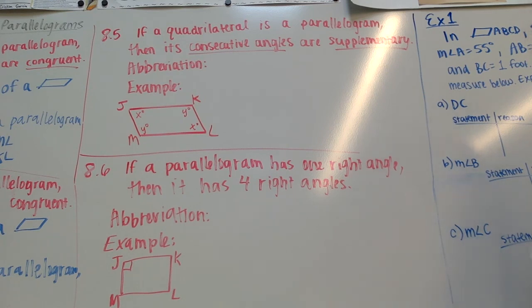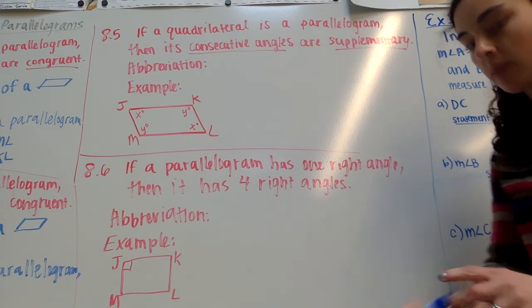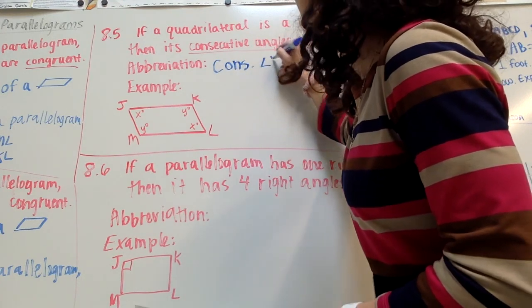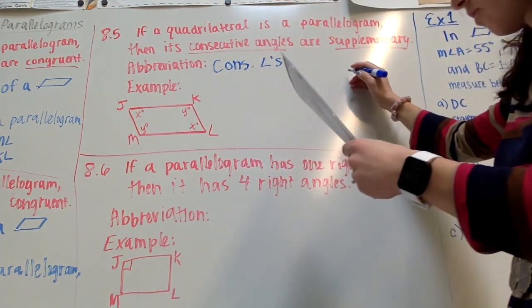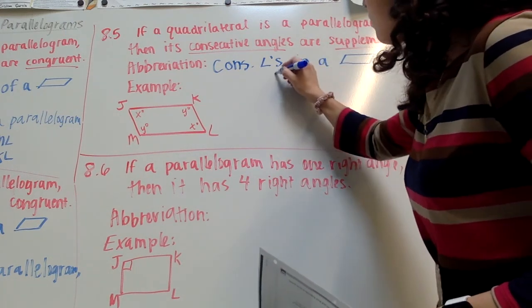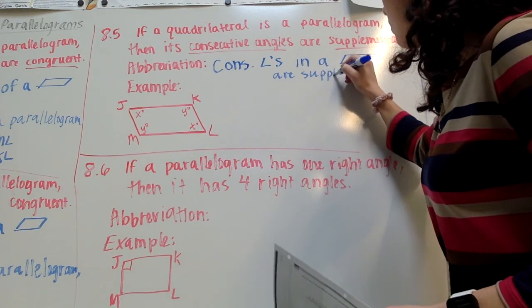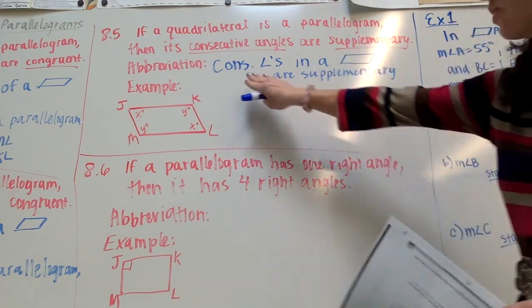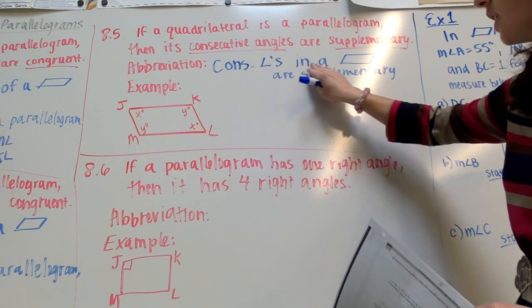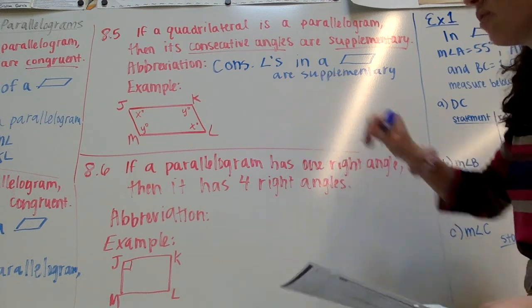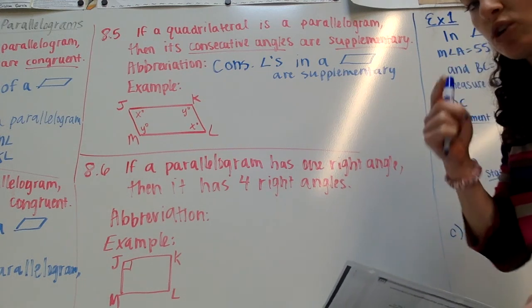Remember, consecutive means next to each other, supplementary means add up to 180, so our abbreviation for this is going to be, you can shorten the word consecutive to CONS, consecutive angles in a parallelogram are supplementary. You have to write the whole word supplementary out. So that abbreviation is what you'll write in your reasoning when you do proofs, okay?